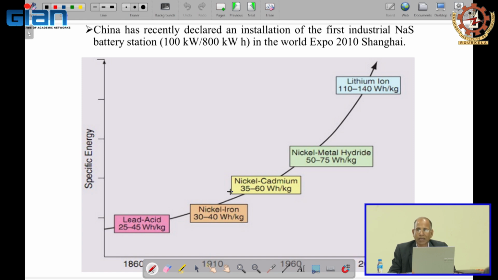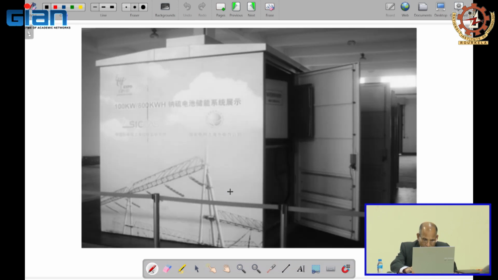So battery size and battery technology are going to increase significantly. This battery, showing in the picture for example, is of the size of 100 kilowatt.